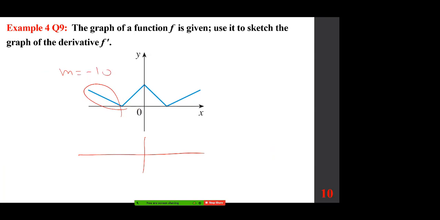If this line continued, this is y equals -10. If it's continued indefinitely, this would be the answer. However, it ends here, right? So over here you have a hole.